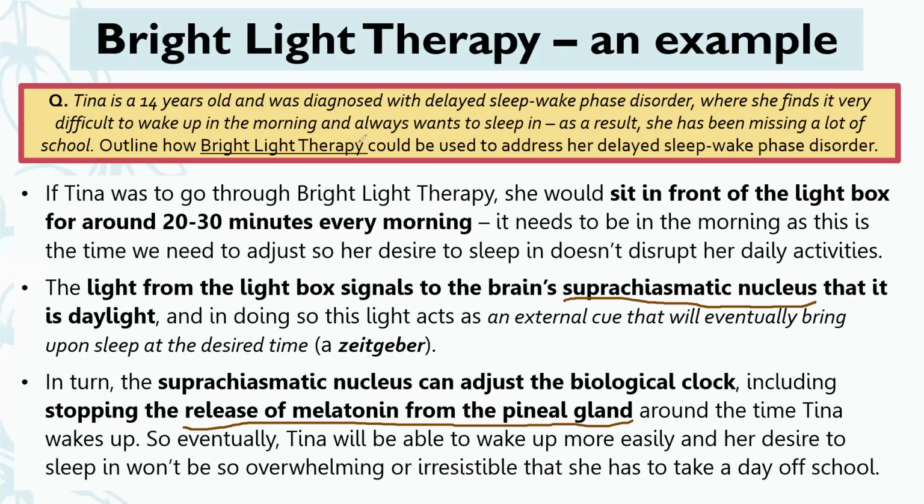The minute that melatonin stops getting released, that's when you start to feel awake and alert and ready to face the day. So the main idea of sitting in front of a light box first thing in the morning, for the majority of the population, is to stop melatonin from getting released. By stopping melatonin from getting released, we don't feel sleepy or drowsy anymore, and we feel nice and awake and alert and ready to face the day.